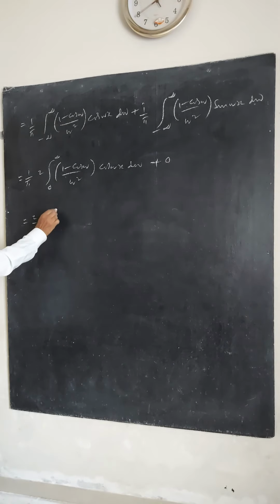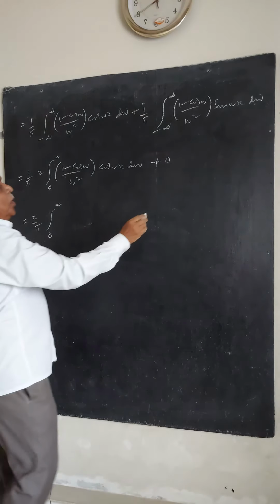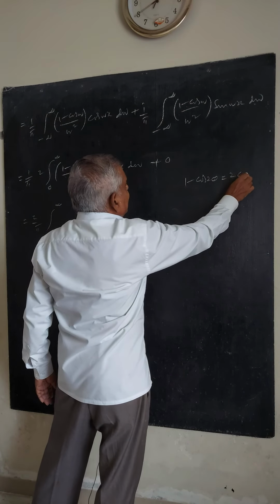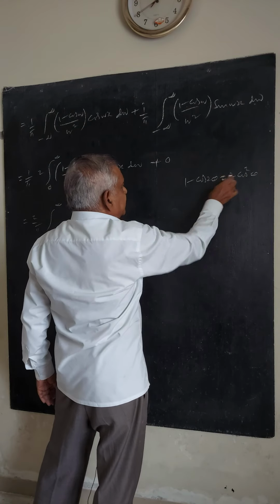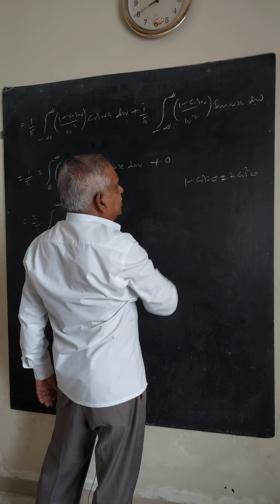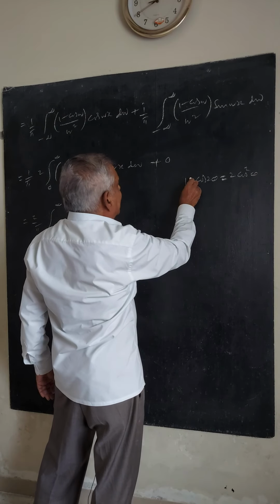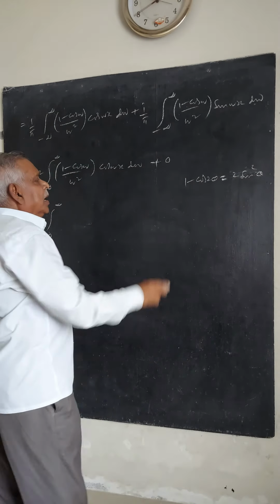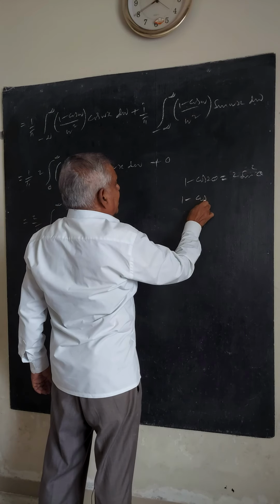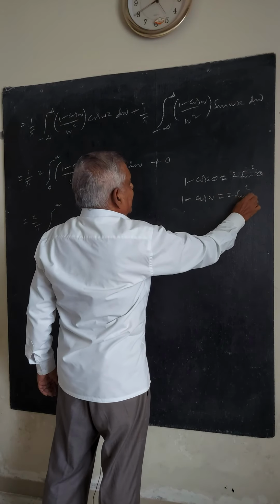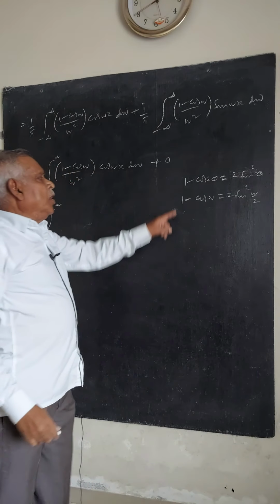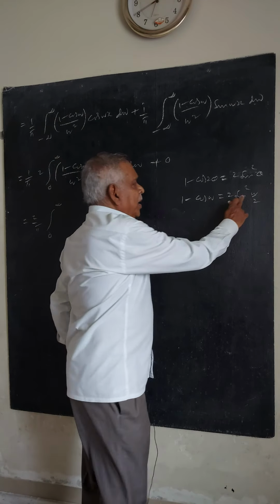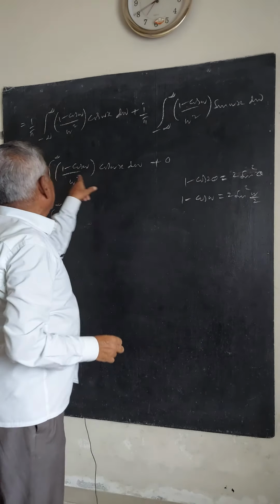Equal to 2 by pi, 0 to infinity. We know the formula: 1 minus cos 2 theta is 2 sin square theta. 1 minus cos omega is 2 sin square of half the angle, omega by 2. 1 minus cos theta is 2 sin square theta by 2. We are using this formula here.